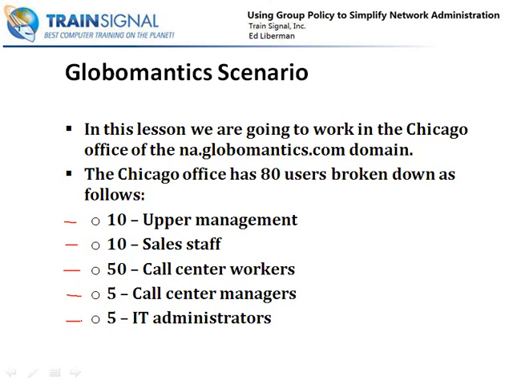I will tell you that I have gone into my North America domain, and I have created these 80 users. You can do so as well, or you could probably get away with just creating a few users to represent each of these different areas.